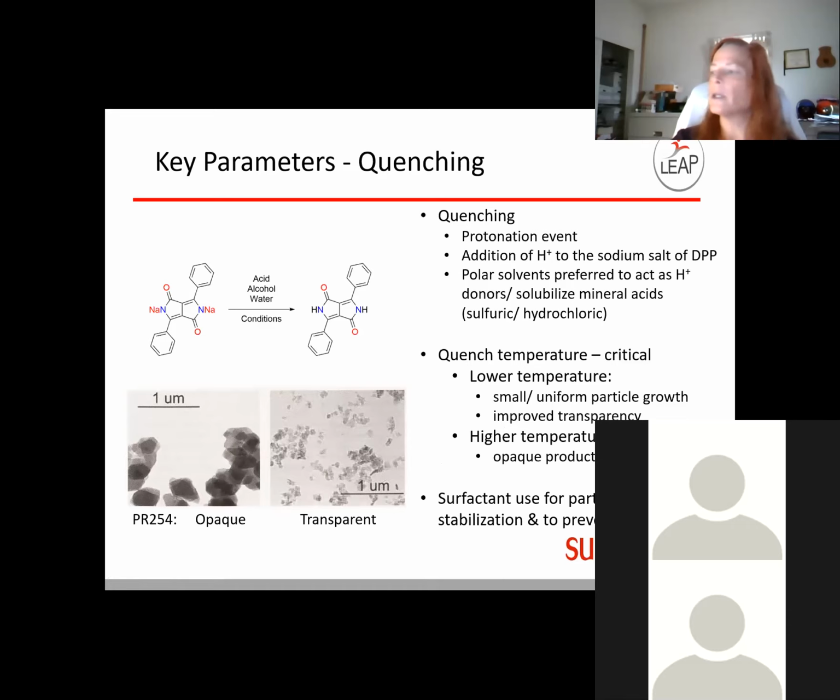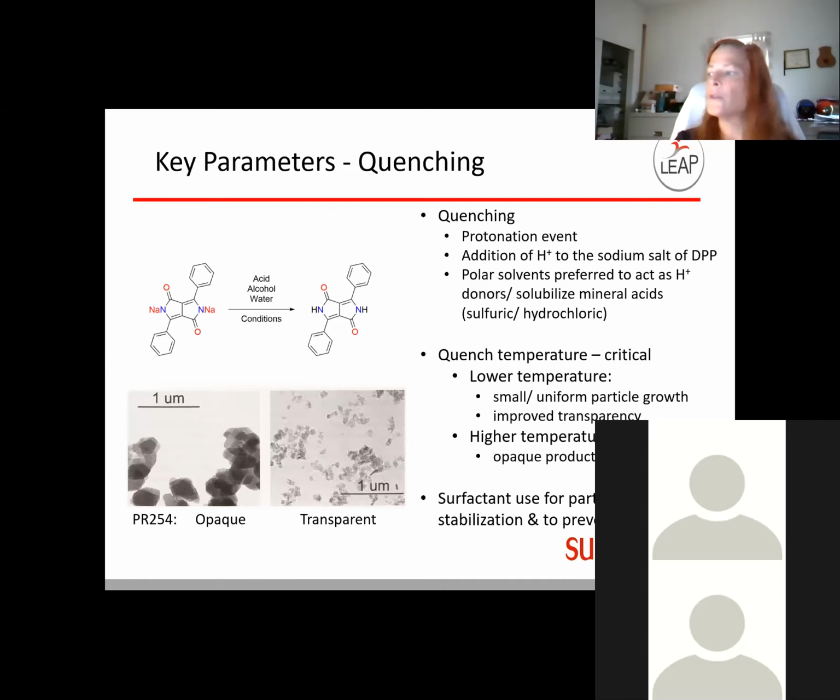Higher temperatures will provide the more opaque type of products. So I included a couple of TEMs of Pigment Red 254, the opaque version and the transparent version. Those two versions are key examples for the quenching temperature.